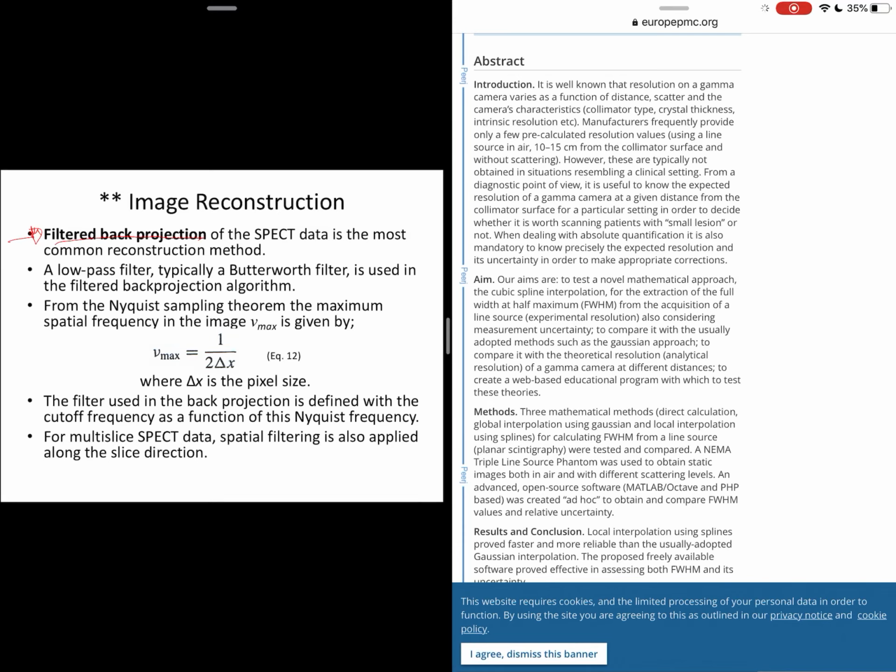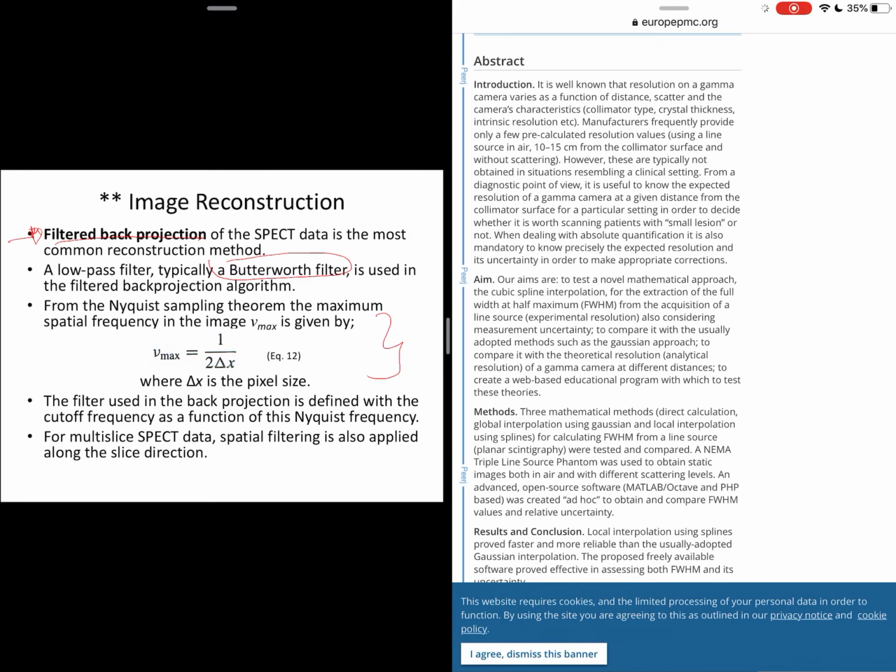Now let's talk about image reconstruction. So we understand previously filtered back projections have been applied in CT scan. Here also for the SPECT data, it has been the common reconstruction method.